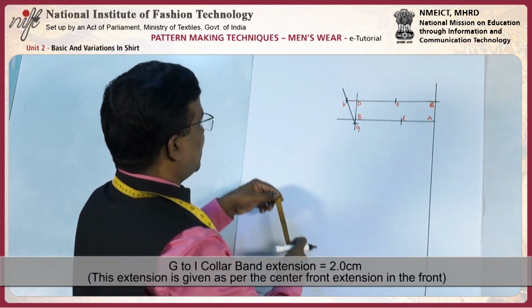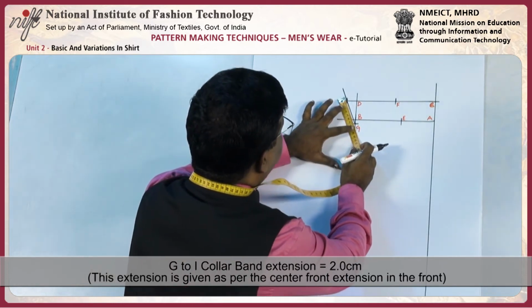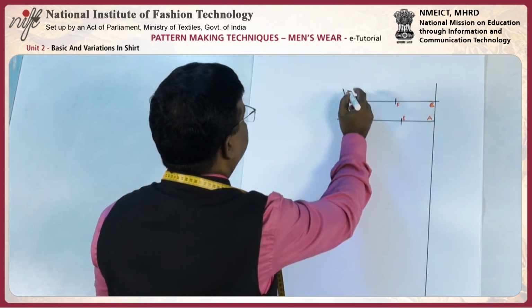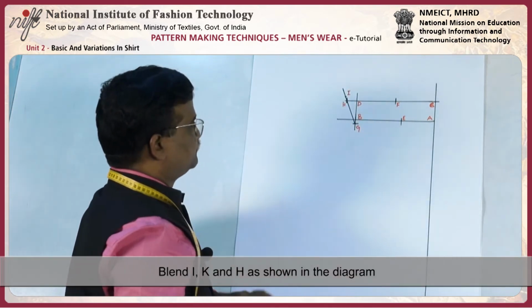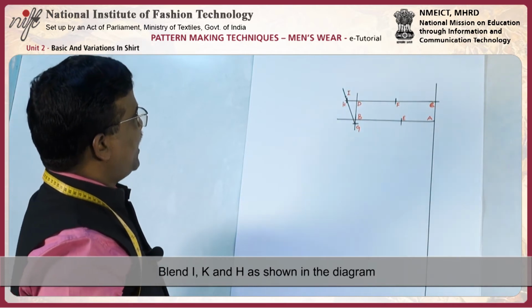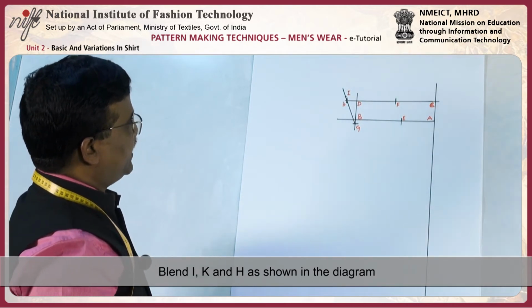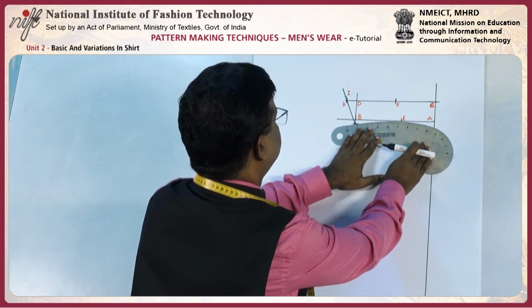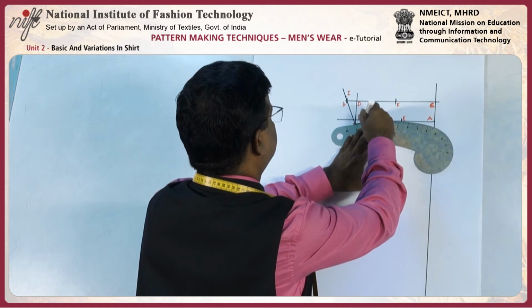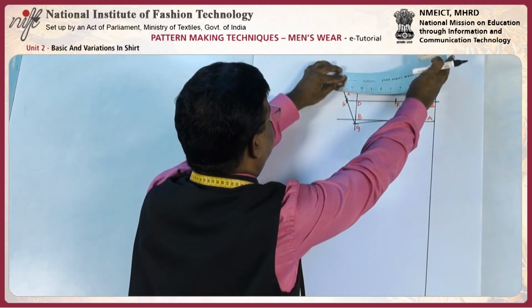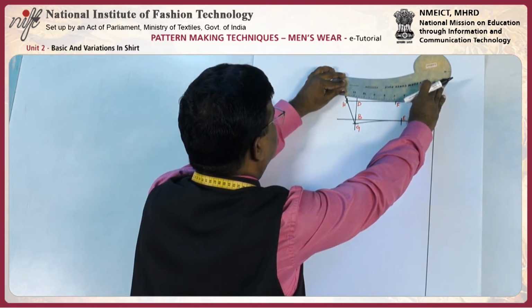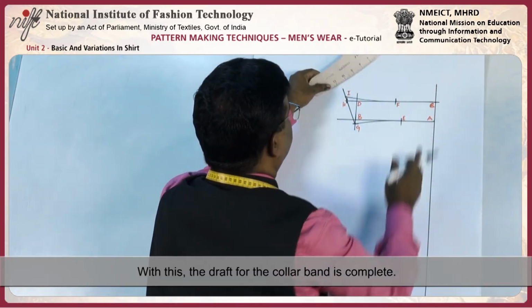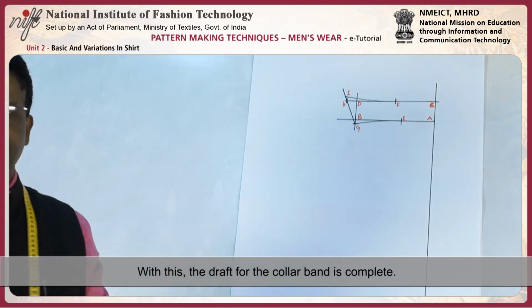G to I, collar point measurement, 7.5. Now blend I and F, G and E. With this, collar draft is complete. Cut.